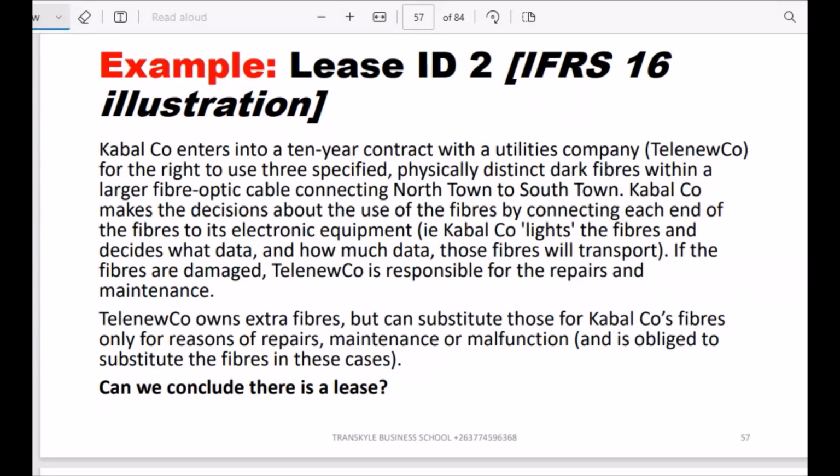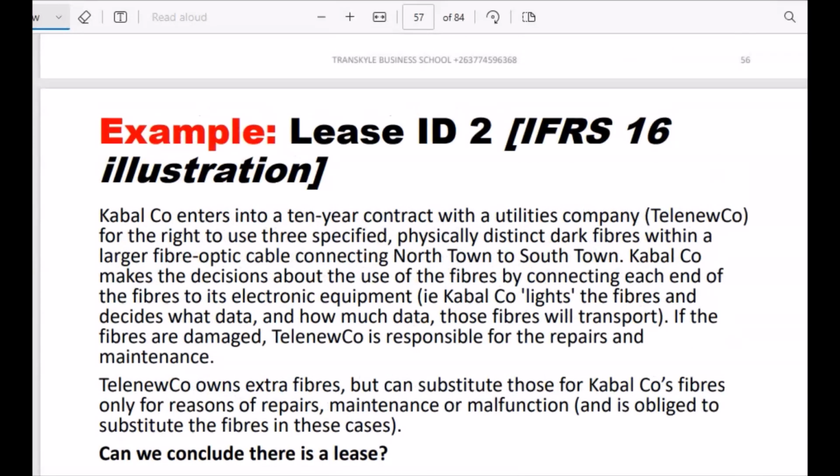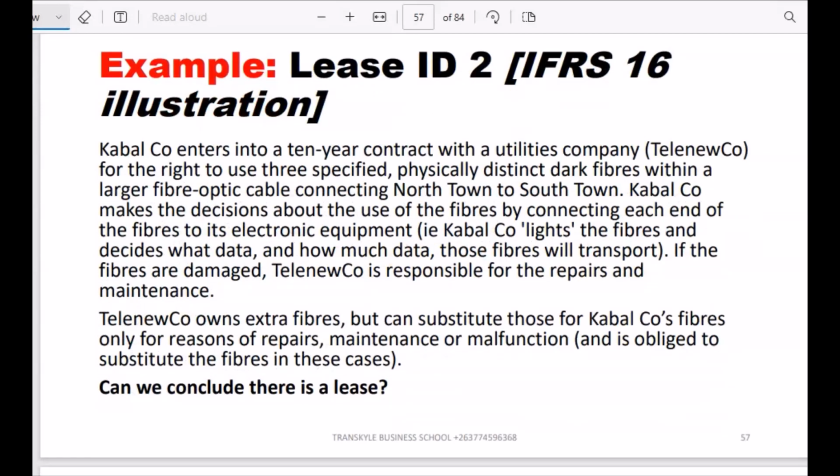Let us look at the other scenario. This scenario has been extracted from International Financial Reporting Standard number 16 itself. It is a very useful example. Cabocco enters into a 10-year contract with a utilities supply company called Telenuco for the right to use 3 specified physically distinct fibers within a larger fiber optic cable connecting Northtown to Southtown.